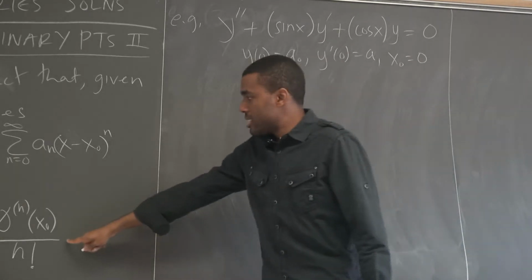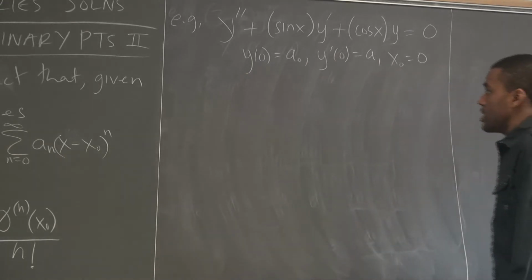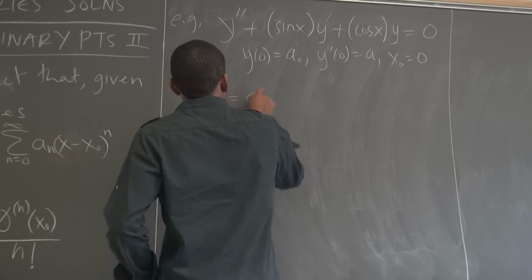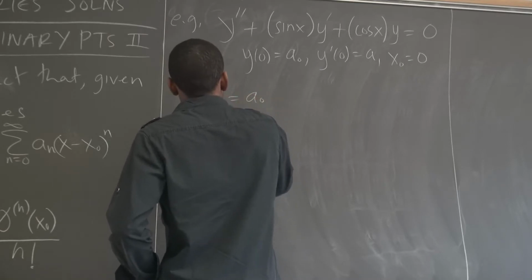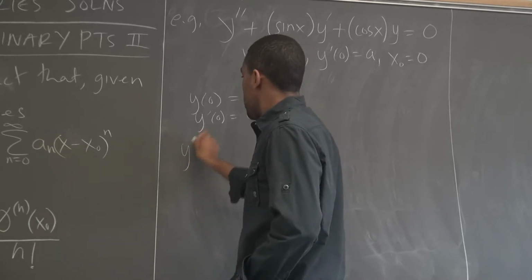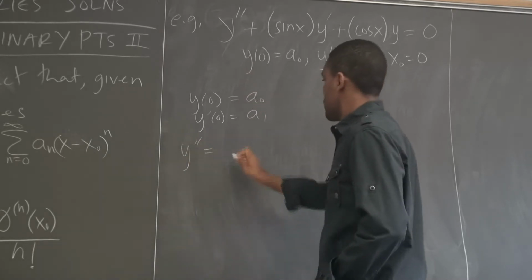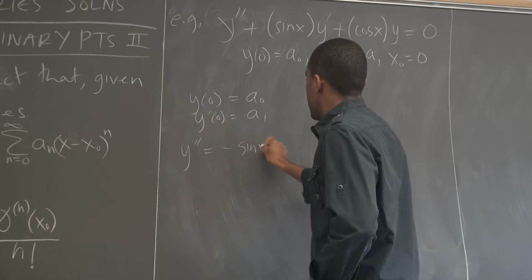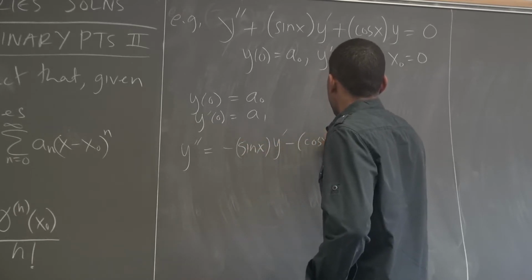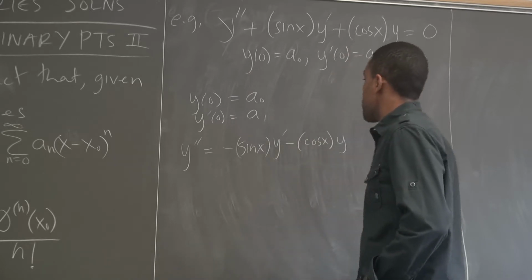But this actually spares you the effort, right? Because you know that y of 0 is equal to a0, y prime of 0 is equal to a1. Here you can solve for y double prime, which is minus sine x times y prime minus cosine x times y.